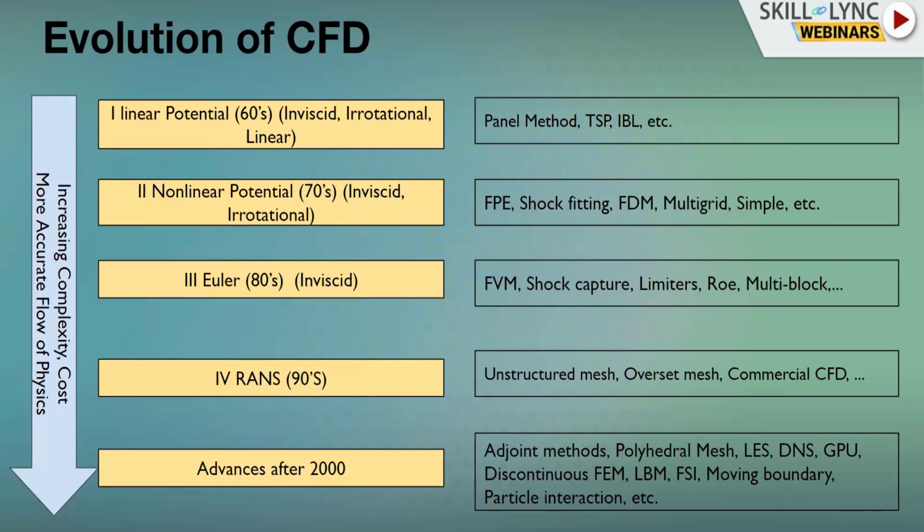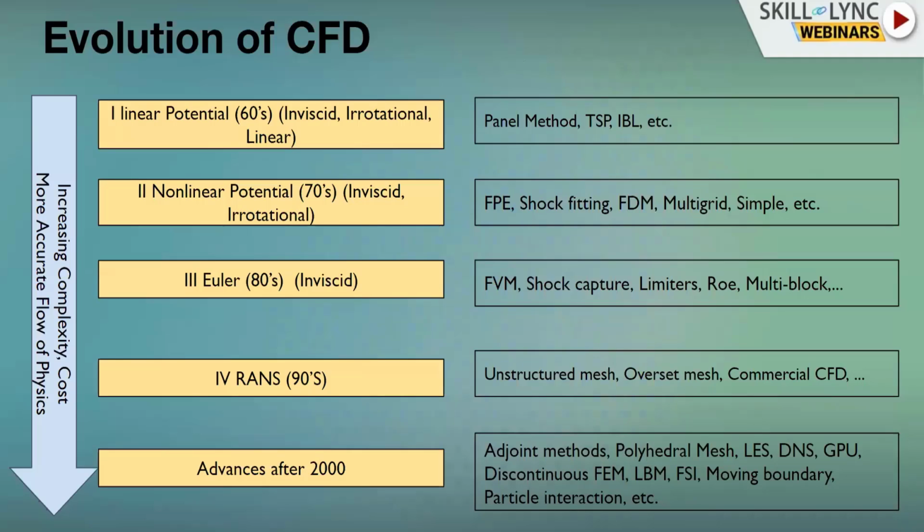Some of you might have heard of them: the panel method, called the source panel method or vortex panel method, and vortex lattice methods. A lot of methods are available, along with transonic small perturbation equations and integral boundary layer equations. All those were solved by coupling the panel method with the boundary layer equations, and they were used in the early 60s.